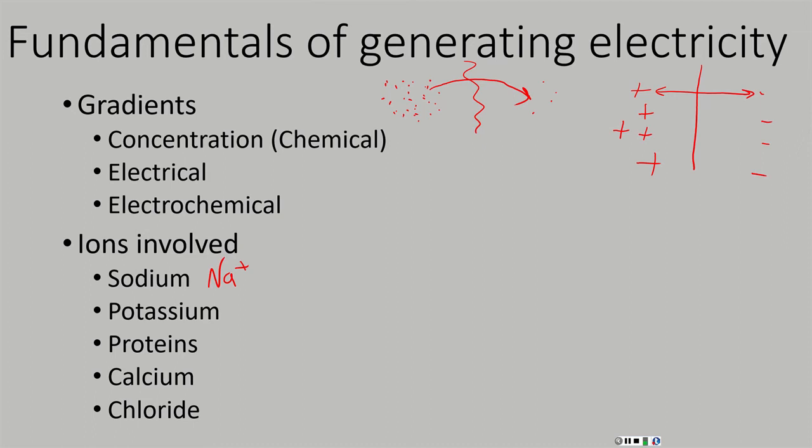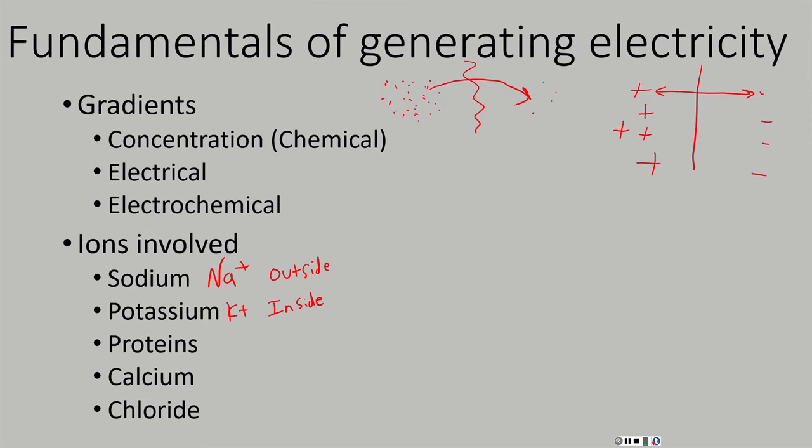And sodium is in a greater concentration outside the cell. It's got a high concentration outside the cell and a low concentration inside the cell. Potassium, K+, so it's got a positive charge. It's got a high concentration inside the cell and a low concentration outside the cell.